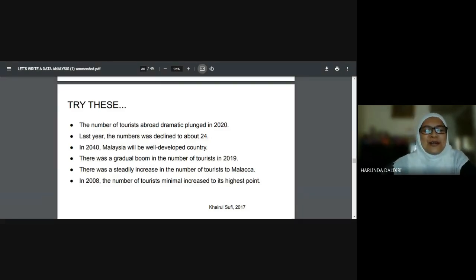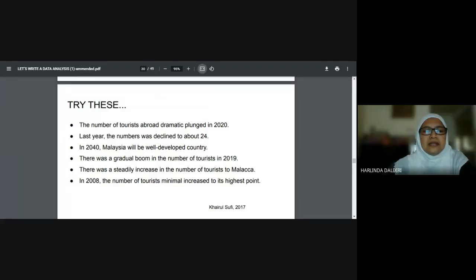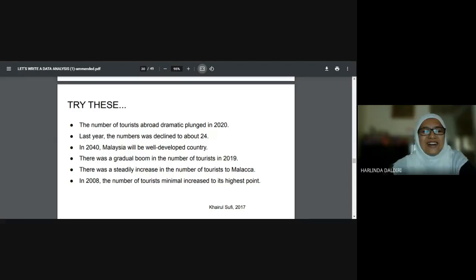What about the second one? Who wants to try? Maybe a different person. We have to say, last year the numbers of something, of tourists. Yes, you can add the subject.